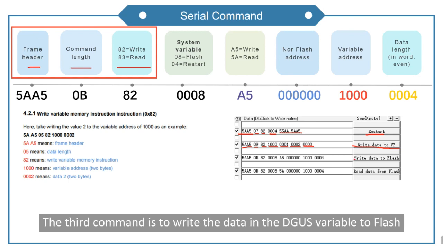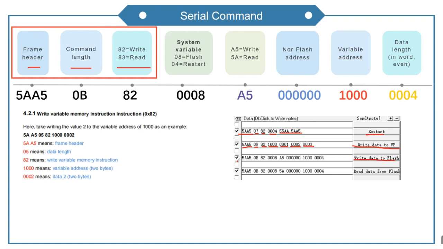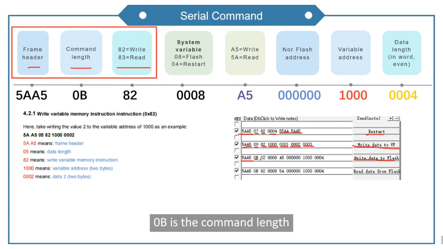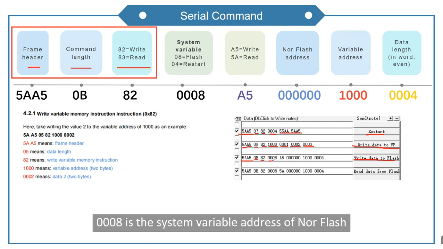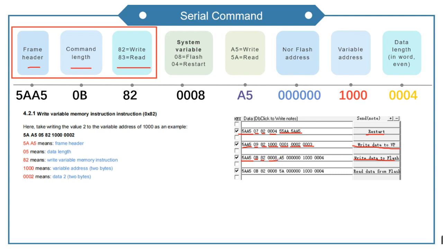The third command is to write the data in the DWIN variable to flash. 5AA5 is the frame header. 0B is the command length. 82 indicates write. 0008 is the system variable address of NOR flash.